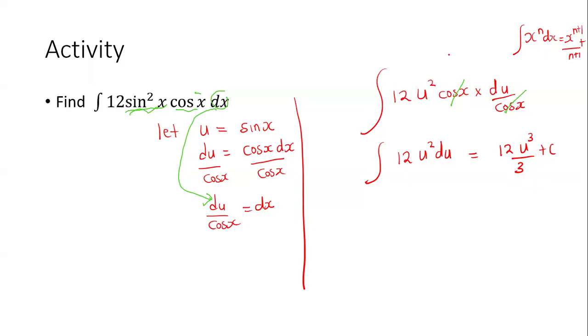Reducing, 12 over 3 is 4, and therefore I end up with 4u cubed plus a constant. But u is sine, so I'll have 4 sine cubed of x plus a constant.